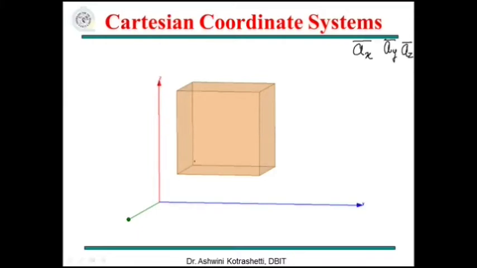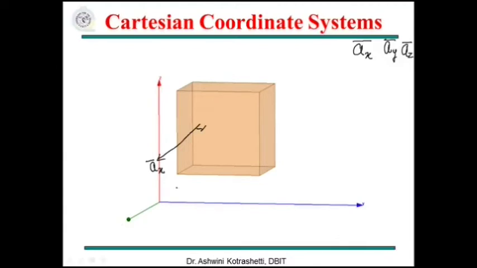Okay, so here this is the given rectangle. Let us look at the front face. This is the front face. The front face is actually a yz plane. Okay, and if I draw a vector which is normal to this yz plane, that means it makes an angle of 90 degrees with the front face, then this becomes my unit vector along the positive x direction.